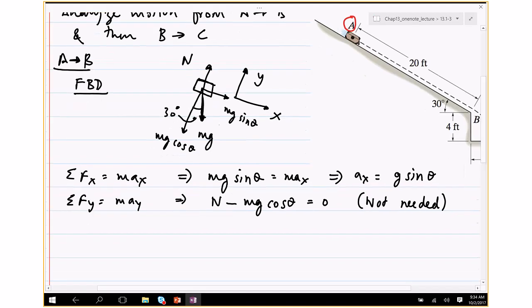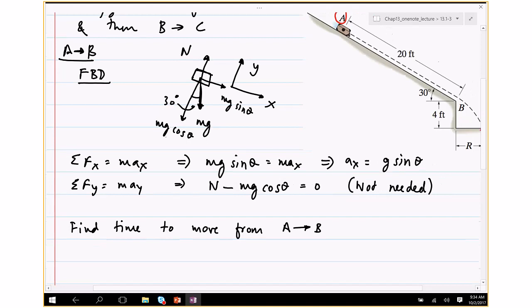So let's find the time it takes to go from A to B. I could use x equals x0 plus v0t plus half a t square.